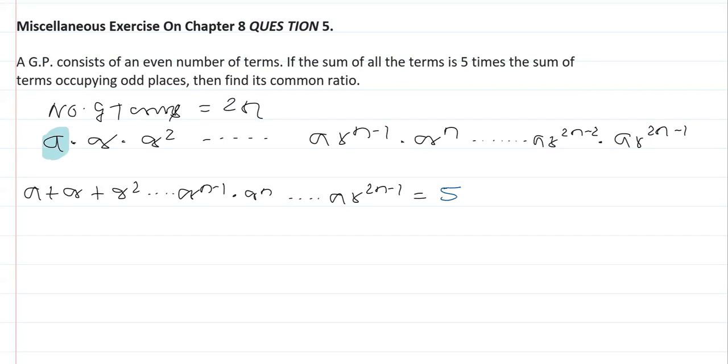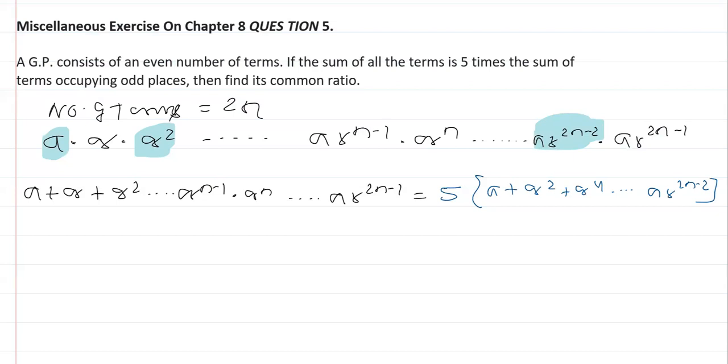As you must know, the first is odd, the third term is odd, and since there is an even number of terms, the last is an even term, so the preceding term is the last odd one. So this is equal to 5 times a plus ar square plus ar raised to the power 4, and so on, and the last being ar raised to the power 2n minus 2.